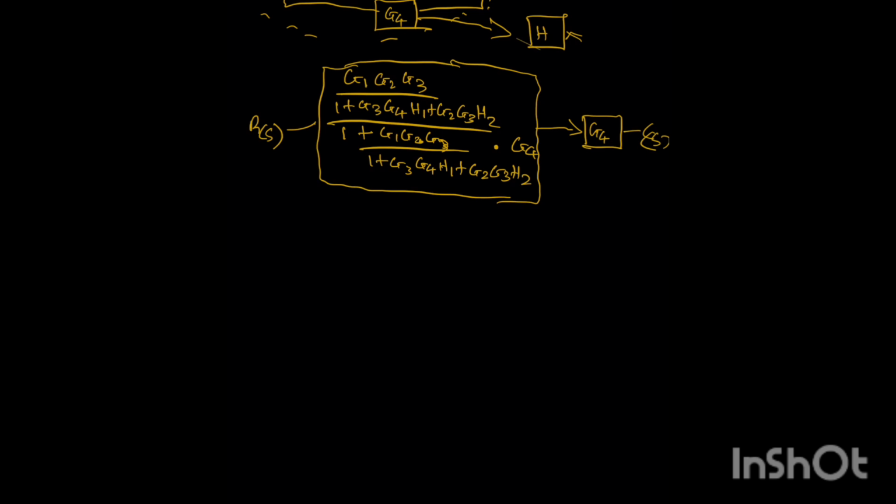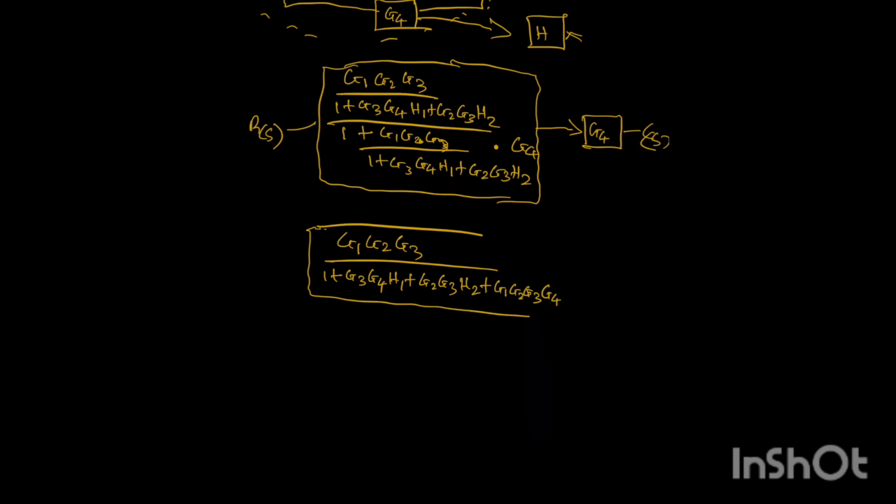So when you take the LCM of this now, and do everything, what you'll be having is G1, G2, G3, all over 1 plus G3, G4, H1 plus G2, G3, H2 plus G1, G2, G3, G4. So this is what you are going to be having. And here we have G4.